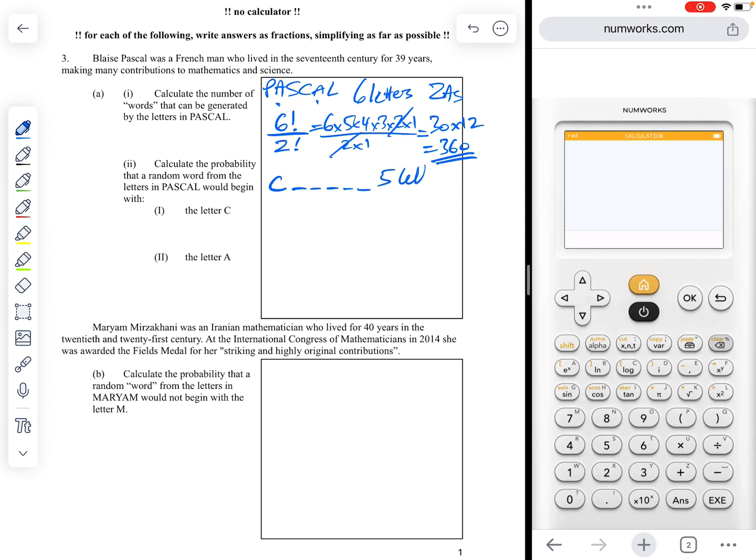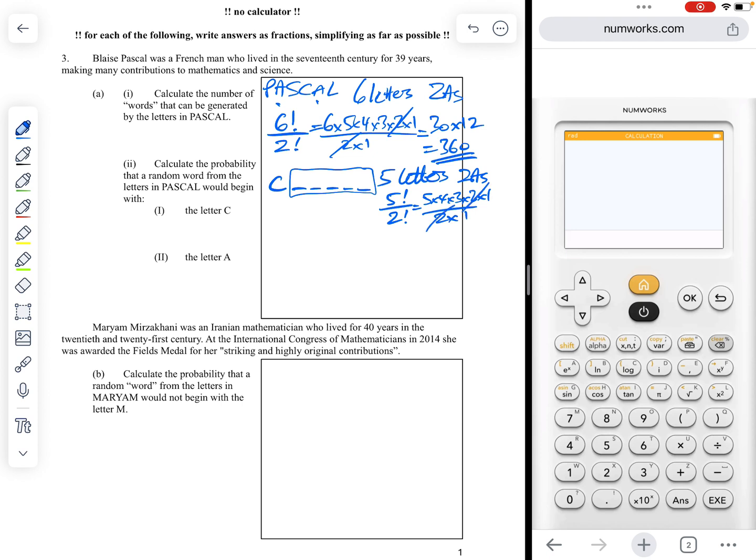Well, it's 5 letters, still with the 2 A's coming within those 5 letters. So that's going to be 5 factorial over 2 factorial as the number of 5-letter words coming here. So that's going to be 5 times 4 times 3 times 2 times 1 over 2 times 1.